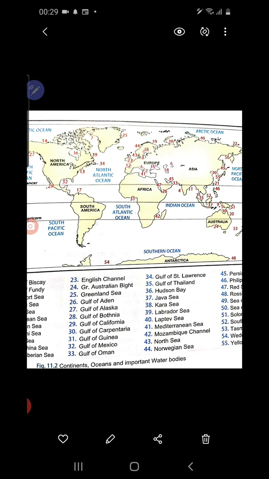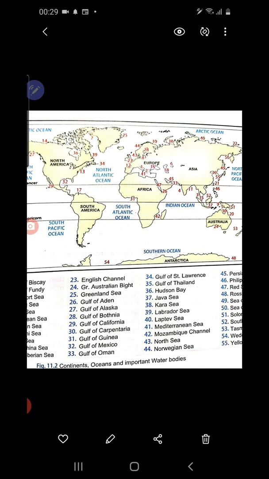North America and South America, you can see, drifted towards the western side. In the middle of North America and South America, they form Atlantic Ocean. Then Africa and Asia and Europe, at the base, form Indian Ocean, and Australia is nearby.